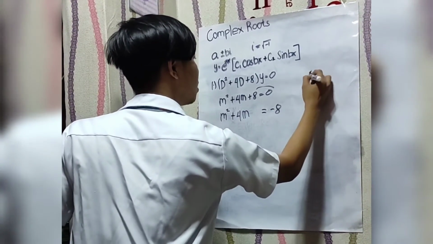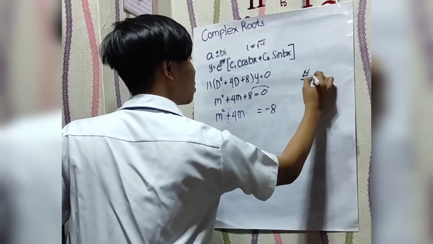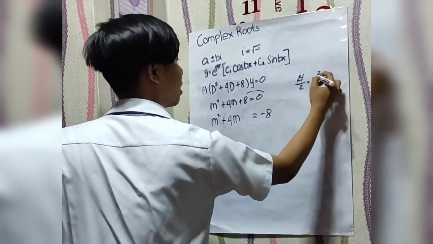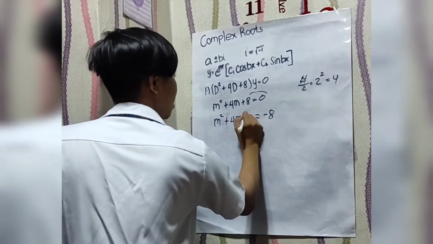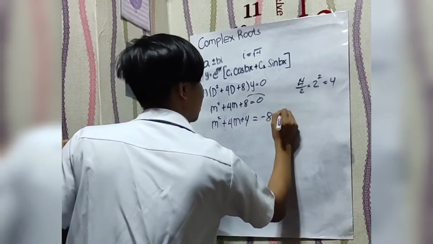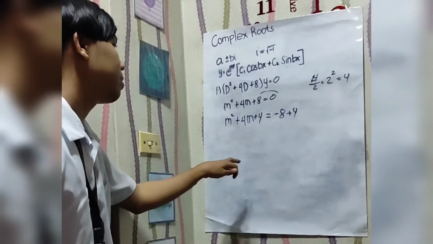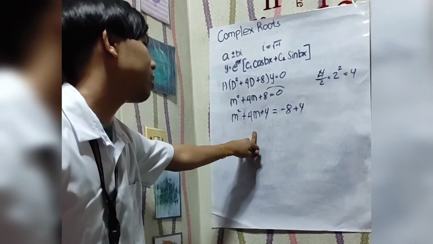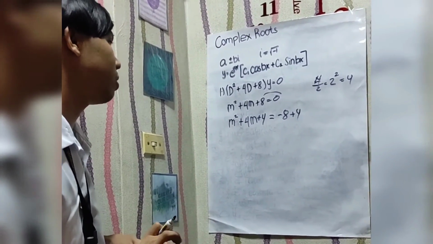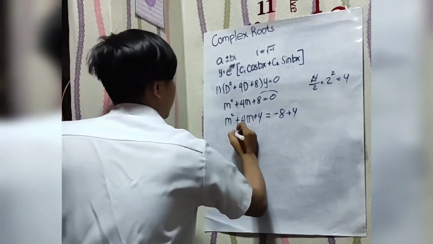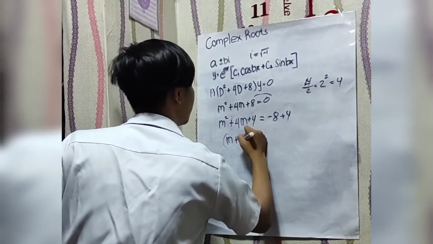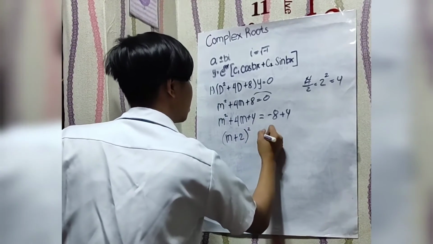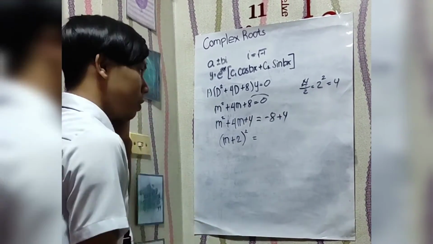So, 4 over 2 equals 2. Tapos, i-squared po natin. Yung magiging sagot po natin, ayun po yung i-add natin both sides. Plus 4 plus 4. Kita na po natin na perfect square trinomial, which is m plus 2 quantity squared is equals to negative 4.